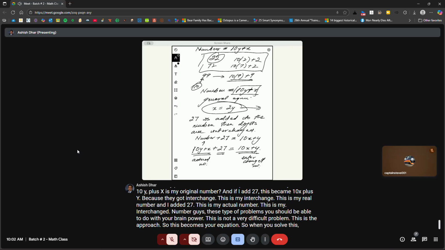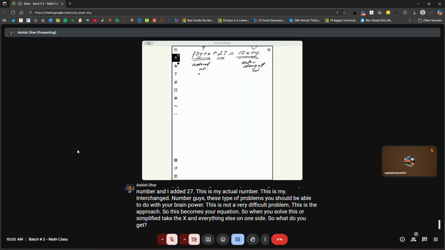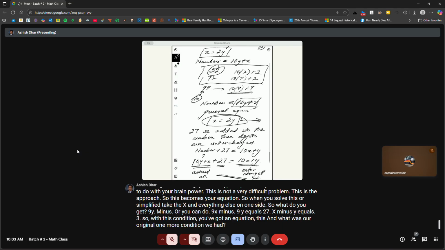When you simplify it, take the x and everything else on one side. So what do you get? 9x minus 9y equals 27. X minus y equals 3. With this condition, you got an equation. And what was our other condition?